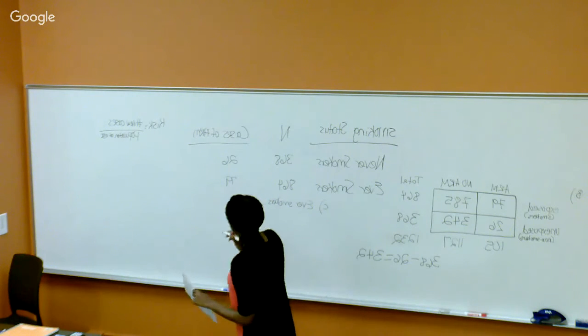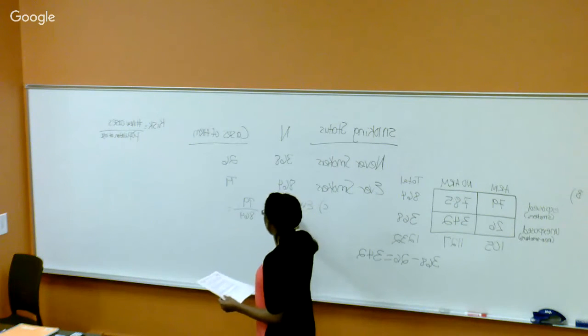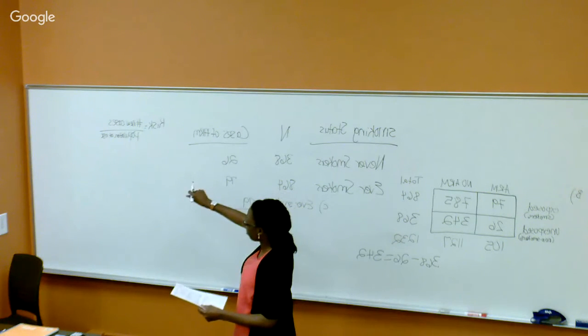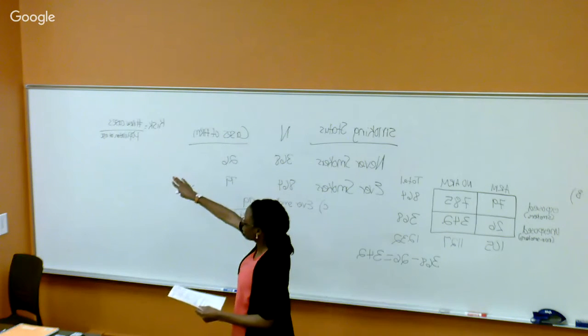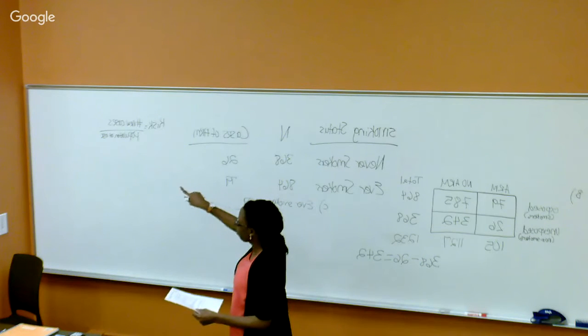So we're trying to calculate what is the risk of getting this disease among people that have ever smoked. Thinking back to our risk formula, risk means you're looking at the number of new cases in that group divided by the total population at risk in that group.